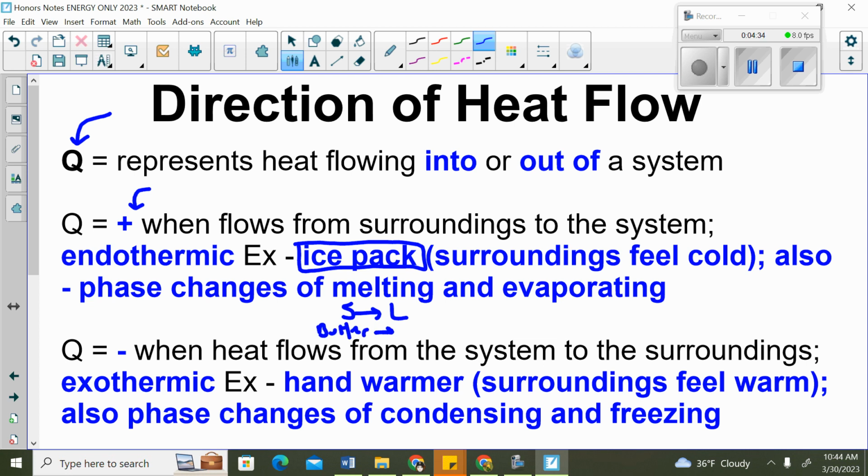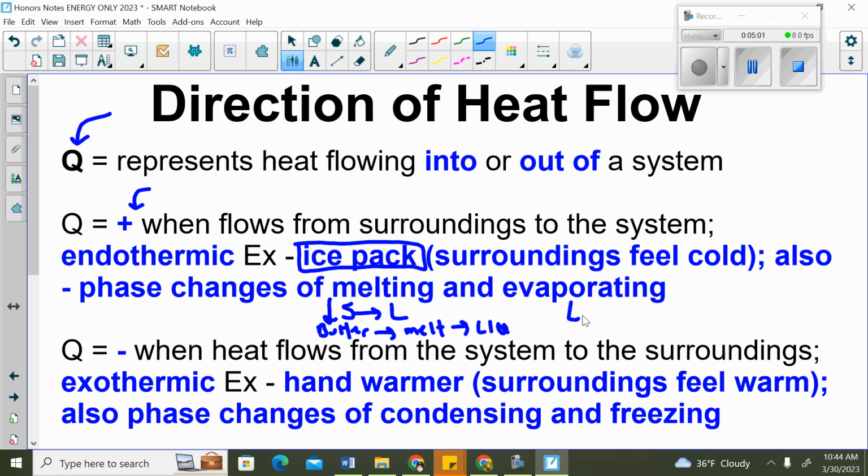If you melt butter in a pan, in order to cook with it, it eventually becomes liquid, right? What did the butter have to do in order to melt? It had to take in energy from the surroundings. Now, does this feel cold? No. But what happened, right? It had to take in that energy in order to change its phase. That is endothermic.